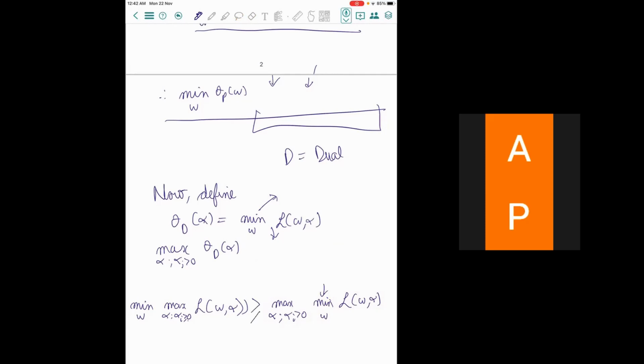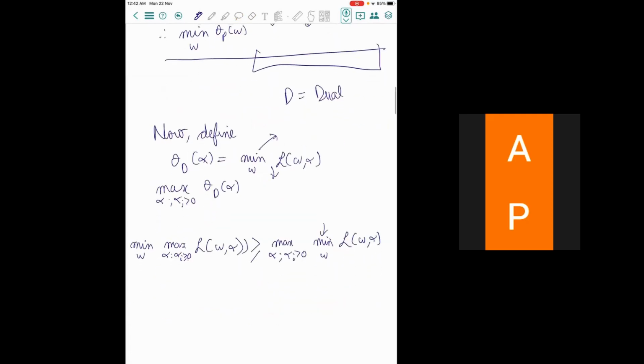As you remember, the min-max was the original problem we had, in case it did not diverge to infinity. So if we solve this problem, the value we get is less than the original problem, in case the conditions are satisfied, which we had.